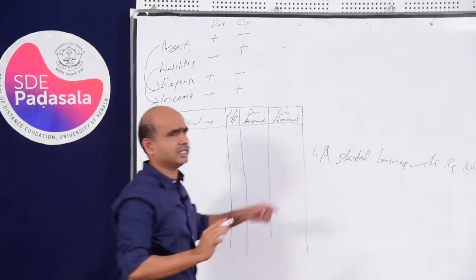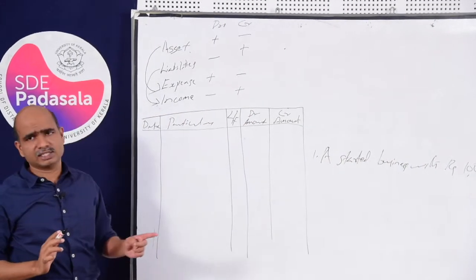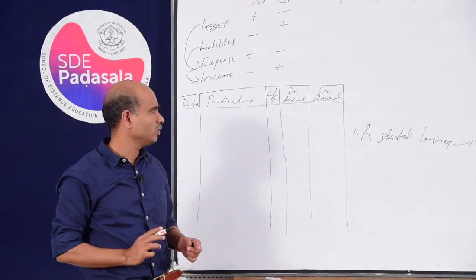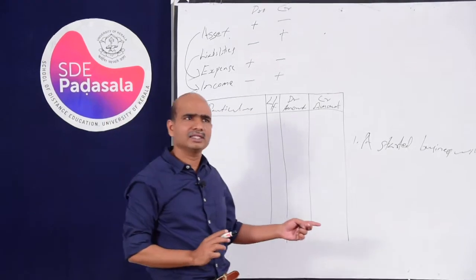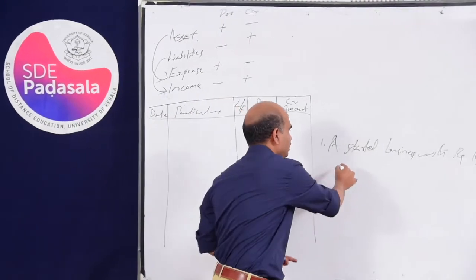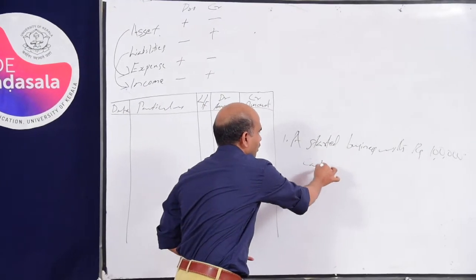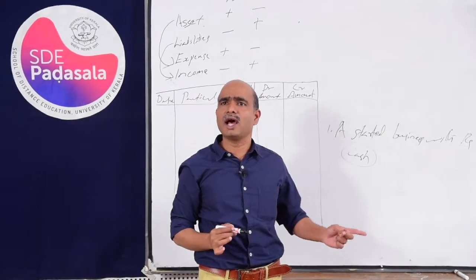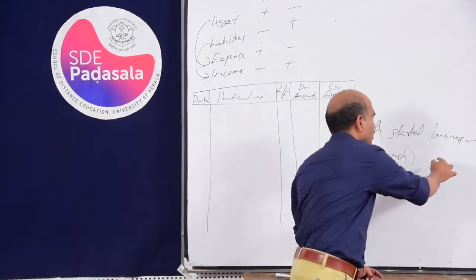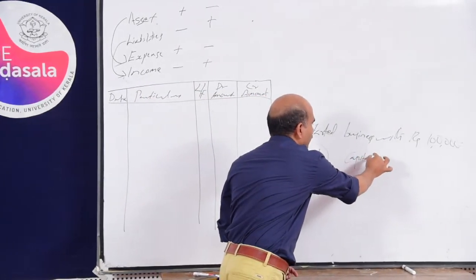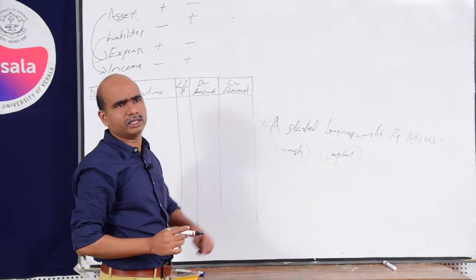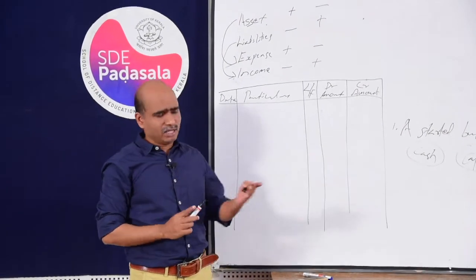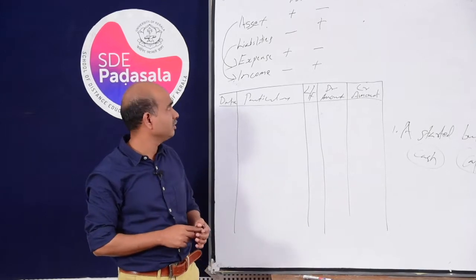In this transaction, there are two items. What are the items? One is cash, started with the cash. Another item is that cash is used as capital. These are the two items. One is cash and another one is capital.